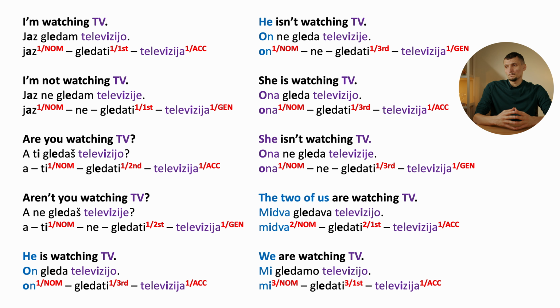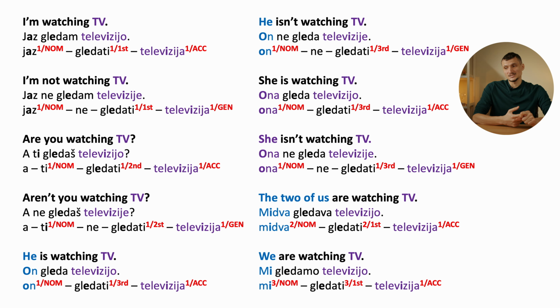Now, another thing to comment on is obviously we colored all of the nouns and the pronouns. So here we're just dealing with one noun, which is TV, through all of the examples. But we have the pronouns on and ona and midva and mi. So jaz is I, ti is you.